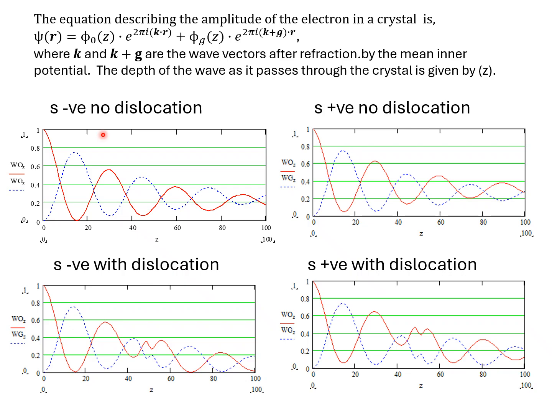So these are the two cases, S negative, S positive, just with some random selection of parameters which seem to work. And then if I put in a dislocation at the location 50 units in the thickness, this is an arbitrary length scale, 0 to 100 units, we see the effect on the scattered intensity.